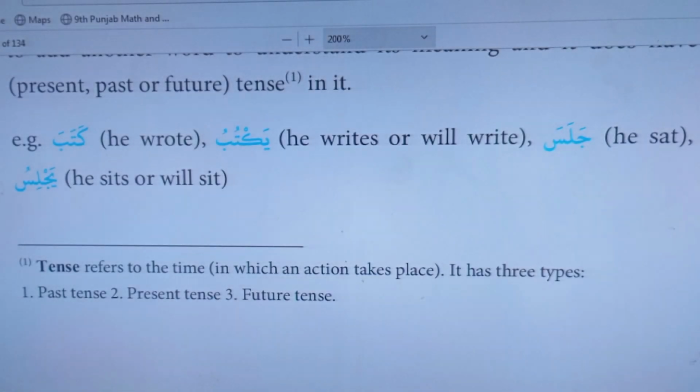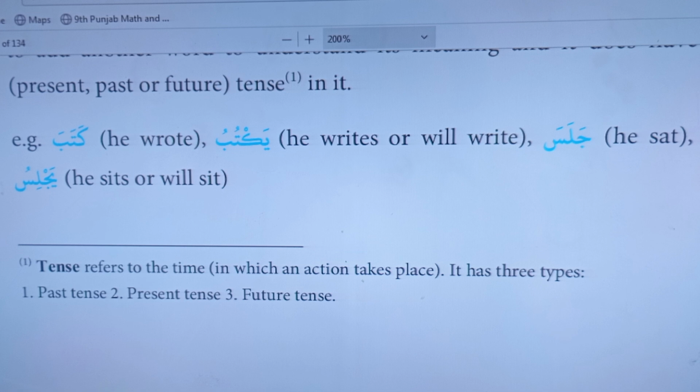So move on to the examples of verbs. Kataba means he wrote. Basically, kataba is fi'l madi in Arabic literature. You are going to understand the verbs and their types in another series. First, you have to understand the definition of this verb clearly.